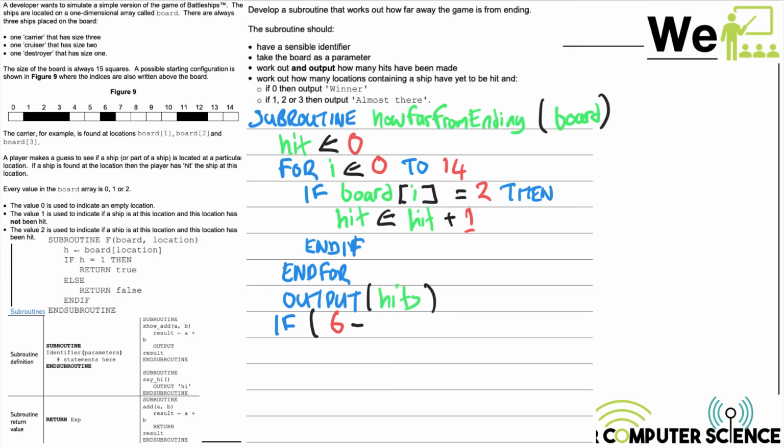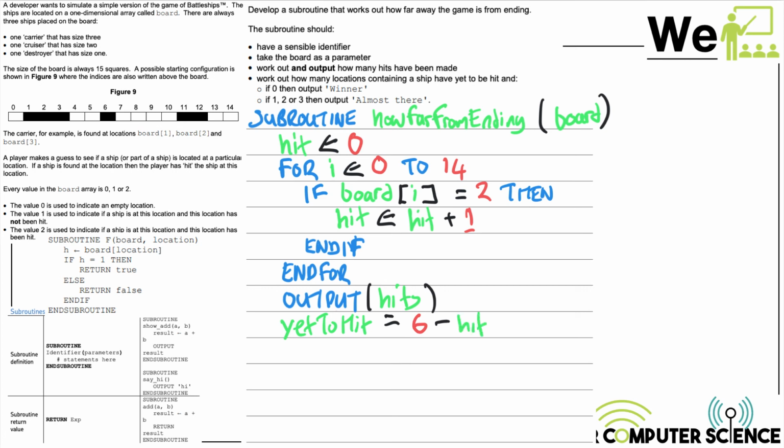Let's take a moment to just calculate it separately. Yet to hit is equal to 6 minus the number you've hit.